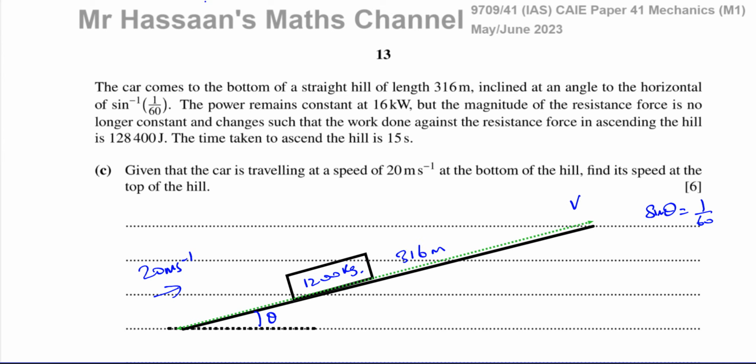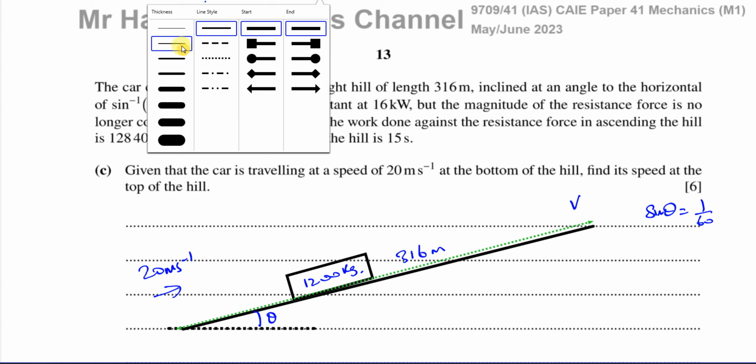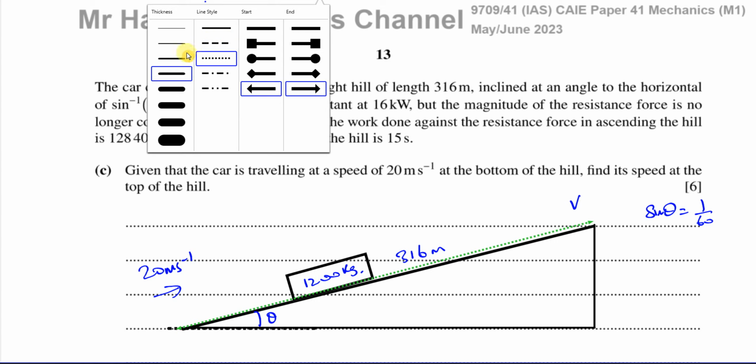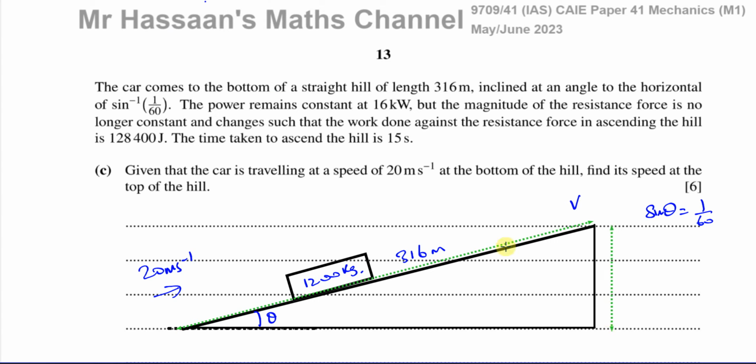And one of the things we would need to know is how much it has risen by. So I need to know this height here. This is the height through which it is raised vertically. That will help us in this question.